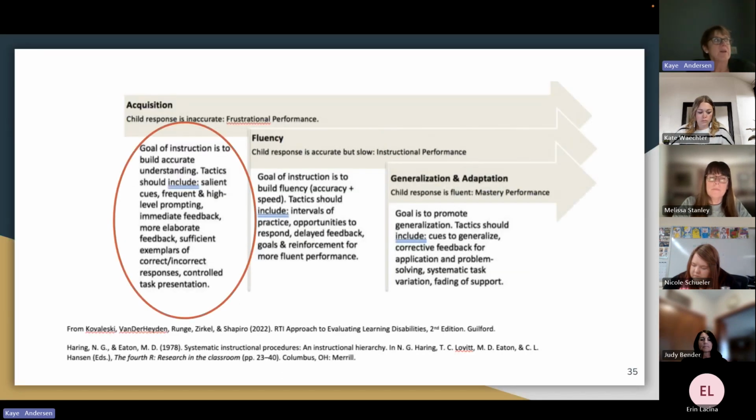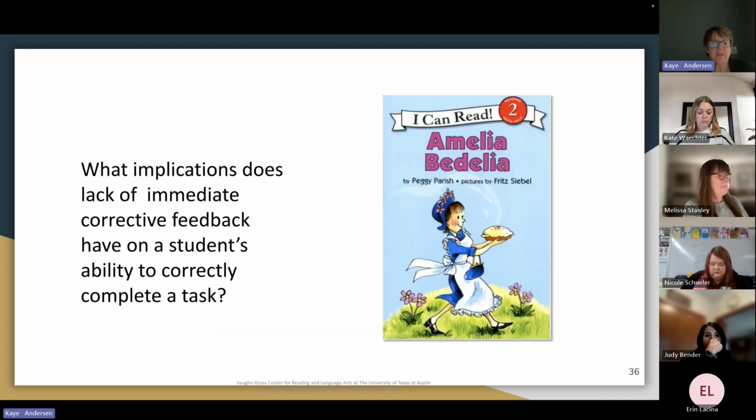When we think about it in that acquisition model that we talked about earlier, in that acquisition phase is where we want to give the most frequent, the most immediate feedback. As we move through the fluency and on to the generalization, our feedback will start to become less. But as long as they're acquiring the skill and they are not accurate with that skill yet, it's important that we are able to give immediate feedback.